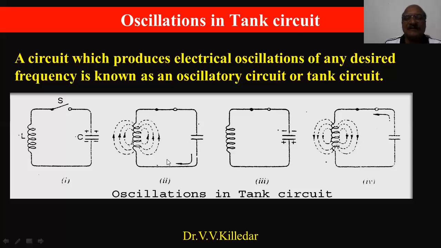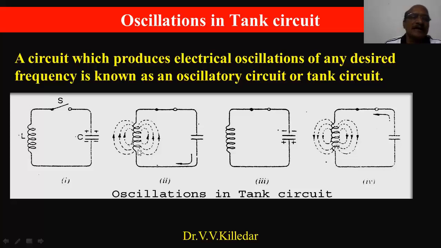As time passes, this discharge current will decrease, and when it becomes zero, what will happen? The magnetic field will collapse, and due to this there is a change in magnetic flux associated with the coil.